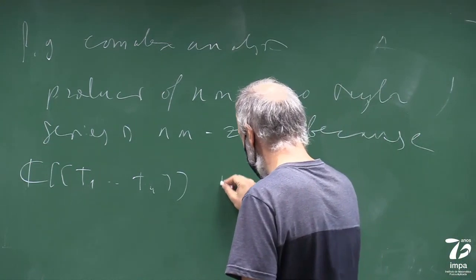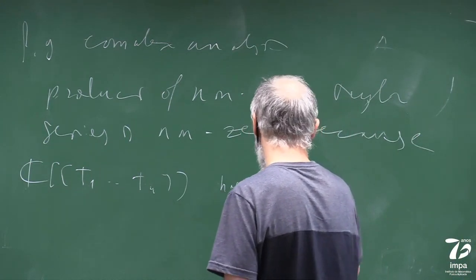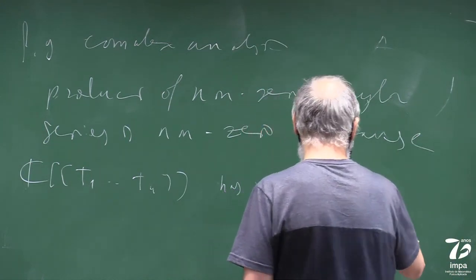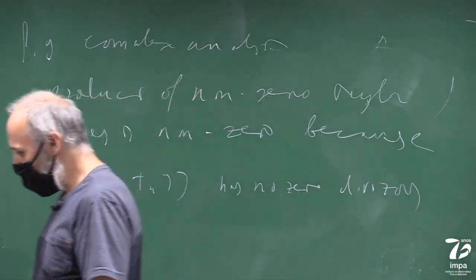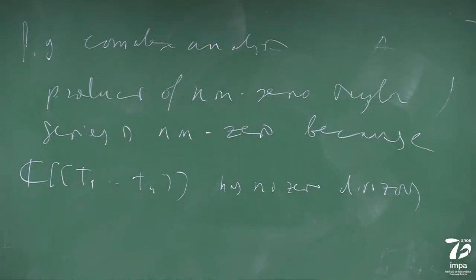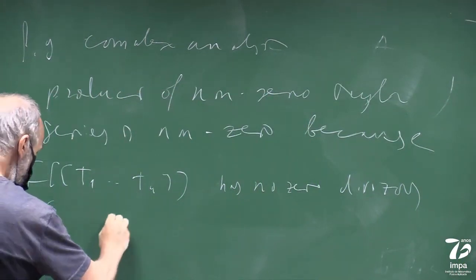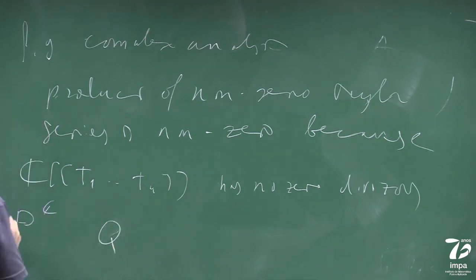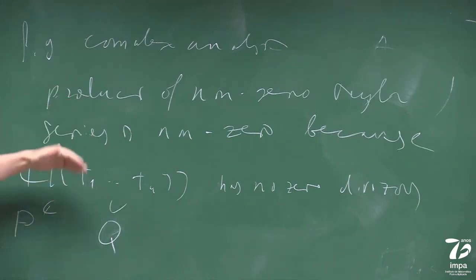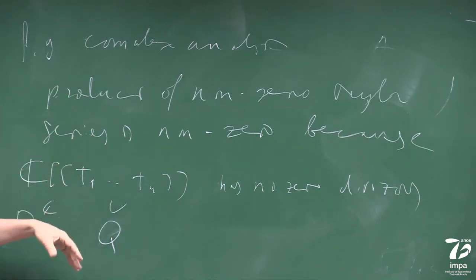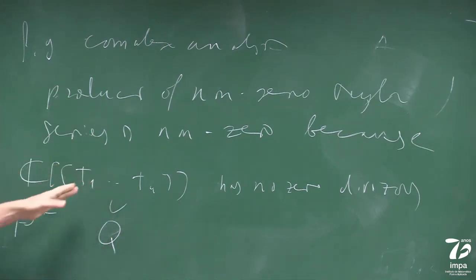This has no zero divisors. Why? If you have two elements in this ring, you can multiply them, and then take the graded components. There are infinitely many graded components, of course, because it's a series.